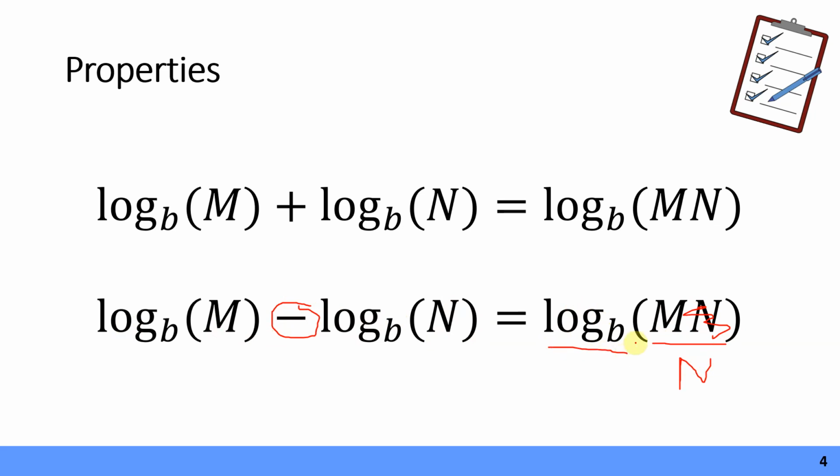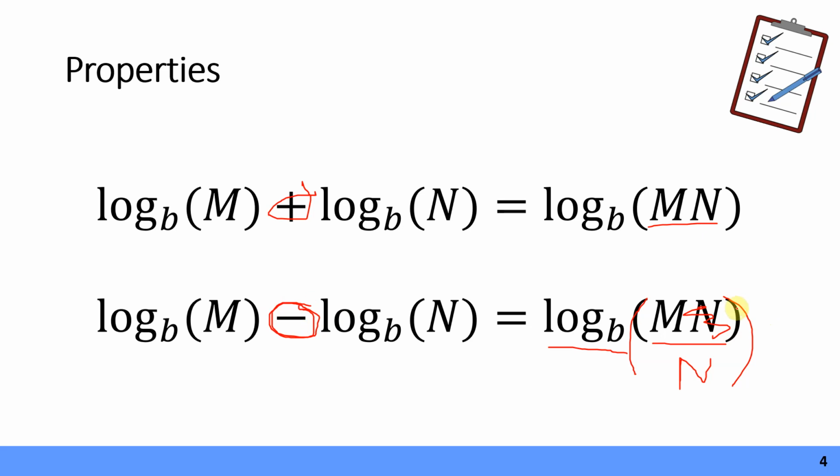You no longer have two, but inside the parentheses, you now have a division. The first log goes in the numerator, and the second log goes in the denominator. So pretty much this is the rule: when you're adding, you multiply, and when you're subtracting, you divide.